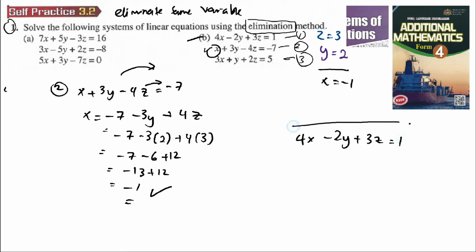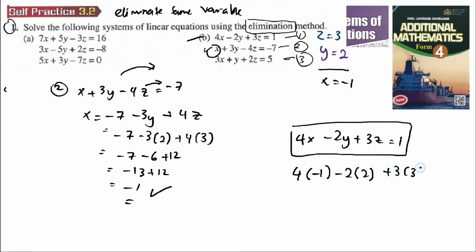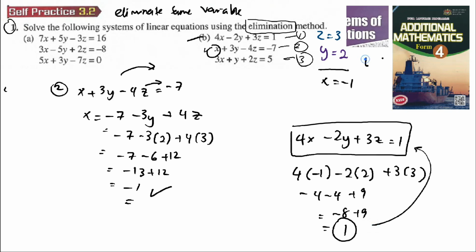You are supposed to get 1 when you substitute. So we try to substitute with our values. x is equal to negative 1, y is equal to 2, z is equal to 3. So this one is negative 4 minus 4 plus 9. So this one is negative 8 plus 9, which is equal to 1. So you can see that when you substitute, you are supposed to get 1 and you get 1, then the answer is correct.